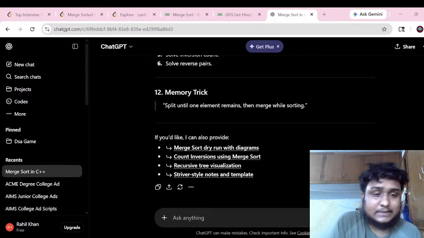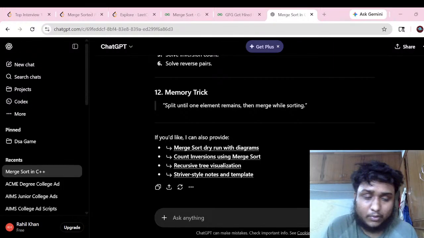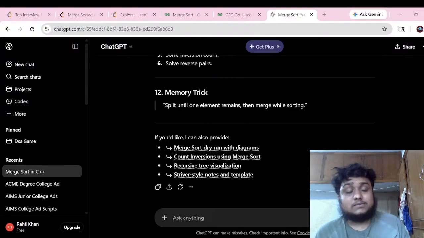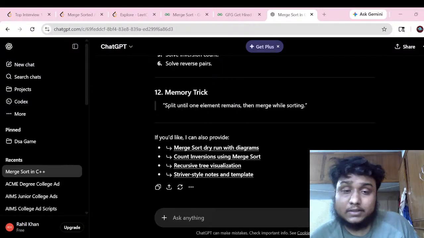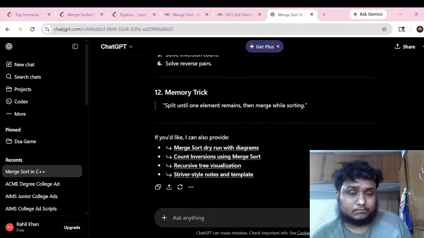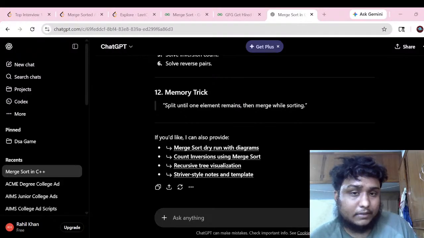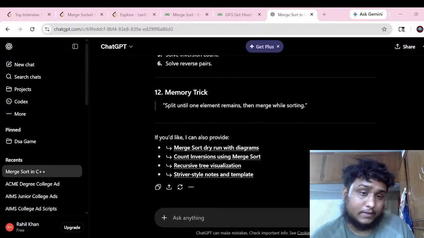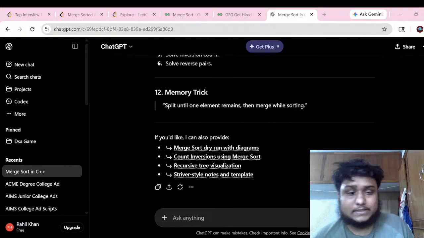So these things are crucially important. That is not very hard, but if we do it with interest, if we involve ourselves in this, we will learn everything, and we can express ourselves to the interviewer.